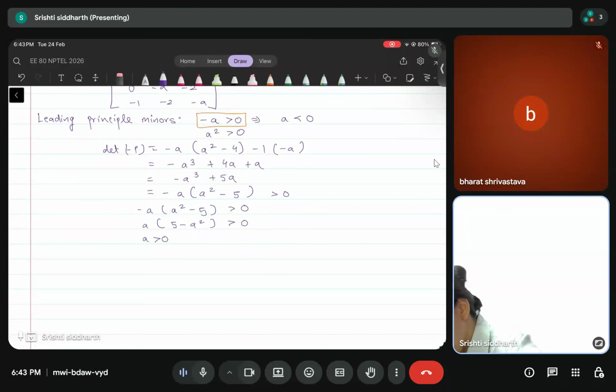First of all, a is greater than 0, which is incorrect because we have that a should be less than 0.